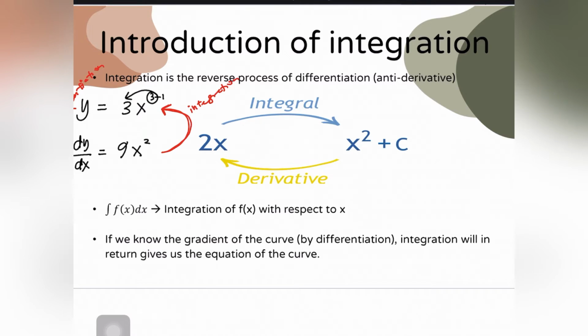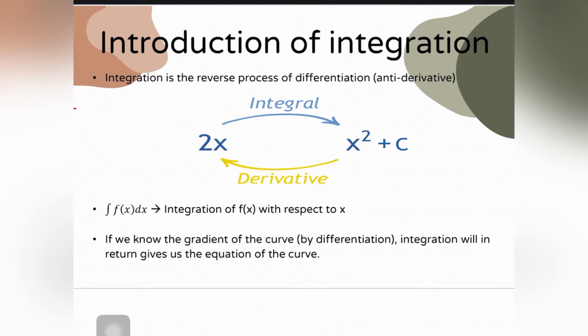Okay, so let's say you have an equation 2x, x squared, sorry. So if you have an equation x squared in the first place, and you are doing the process of differentiation, or you find the derivative of x squared, what you will do is bring 2 in front, multiply by 1.